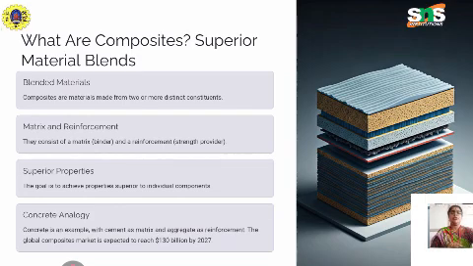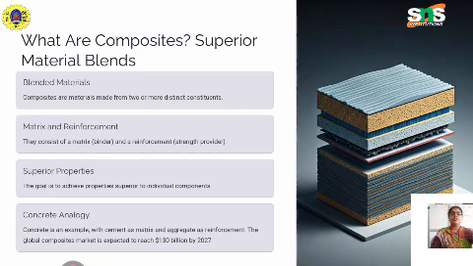What are the superior properties of composite materials? The goal is to achieve properties superior to the individual components. You will have different individual components like polymer, metal or ceramic, and when you join these together they give a superior property. There will be superiority in terms of quality: it will be light in weight, have good strength, and be more flexible.